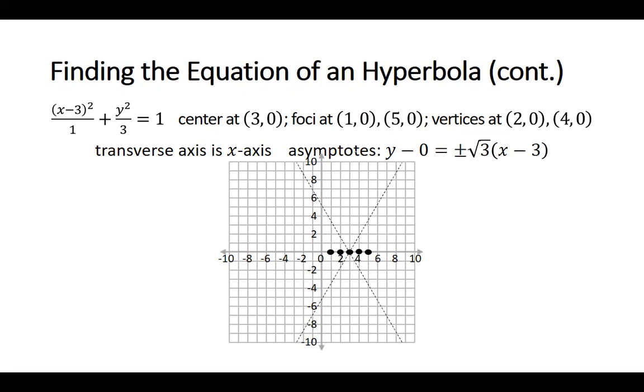So we plot those two dotted lines to give us our asymptotes, and then we can draw our hyperbola going through our vertices and approaching but never crossing our asymptotes. And we see that that works pretty nicely.